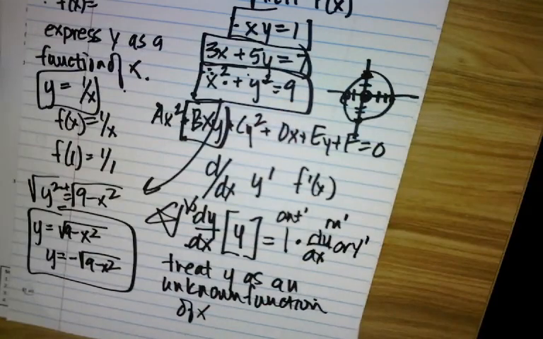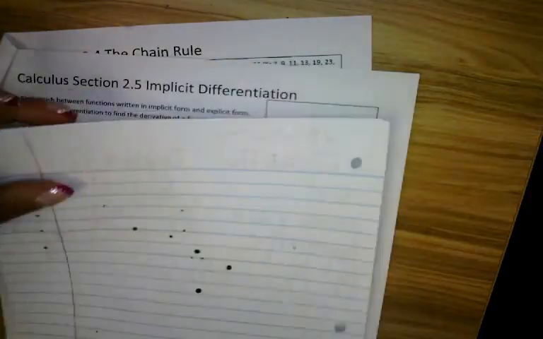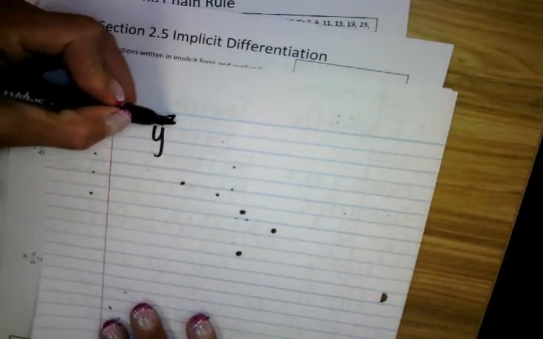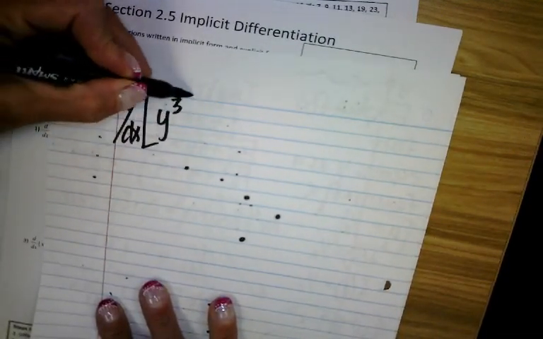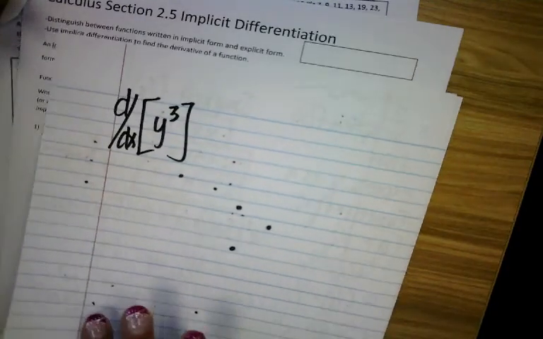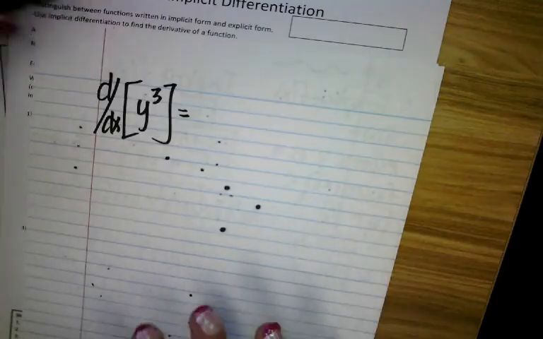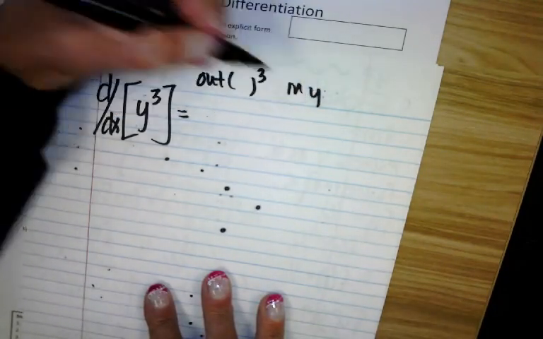And so every time we take a derivative of something that has y in it, let's say I was taking the derivative in terms of x of y cubed, and we have several of these to look at in the examples. The outside function is something cubed, and the inside function is y.